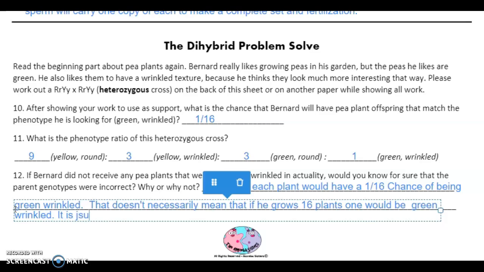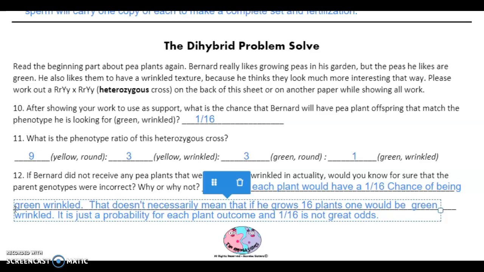It is just a probability for each plant. And 1 out of 16 is not great odds.